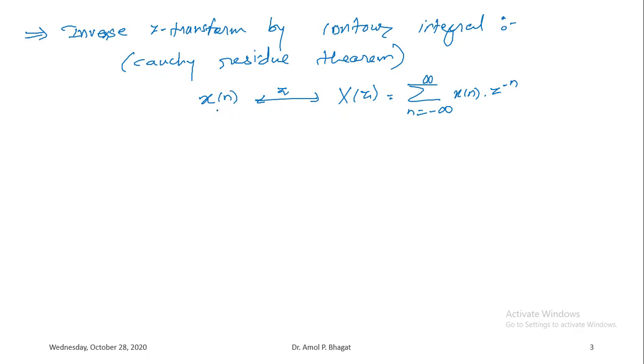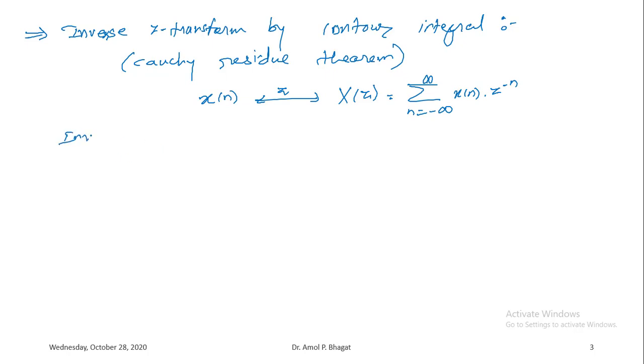That means we can identify X of Z using x of n, and you can also identify x of n from X of Z. Identifying x of n from X of Z is called the inverse Z transform.